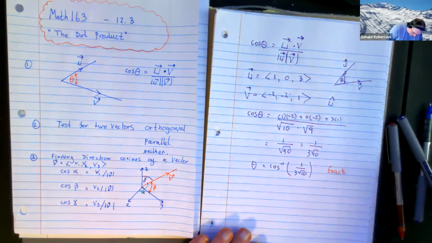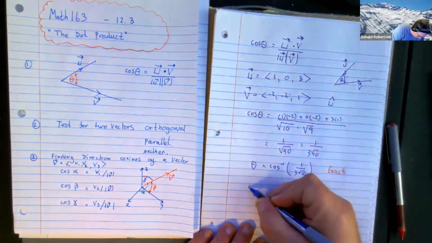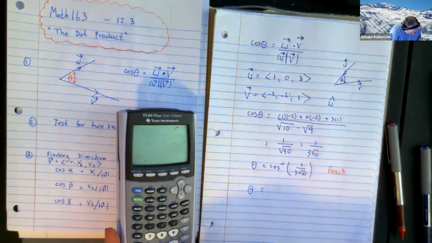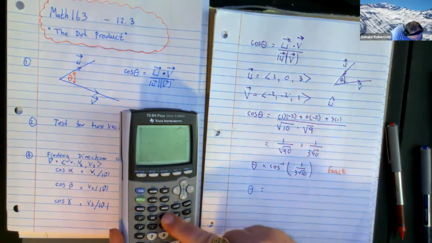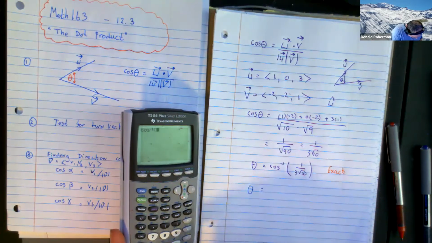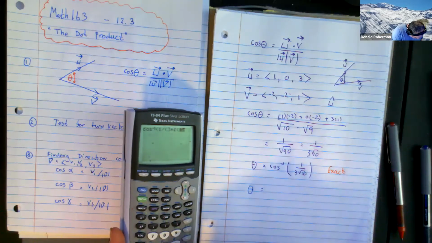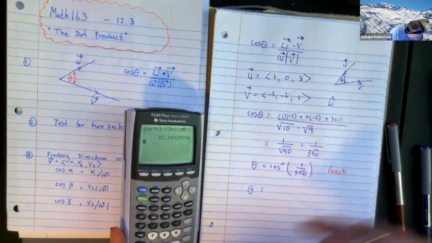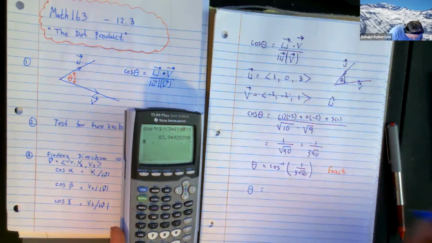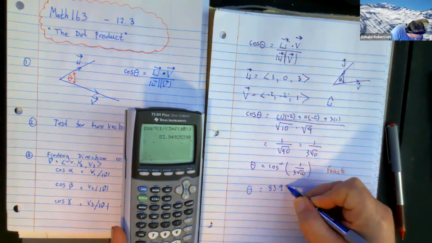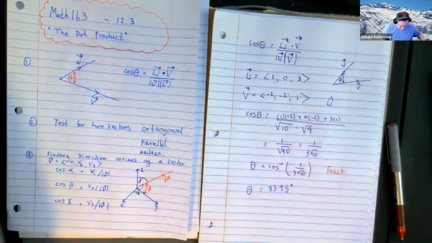Then they want the answer to 2 decimal places. So you use your calculator, do an inverse cosine of 1 divided by 3 times square root of 10, hopefully with enough brackets, and I got 83.95 degrees to 2 decimal places.